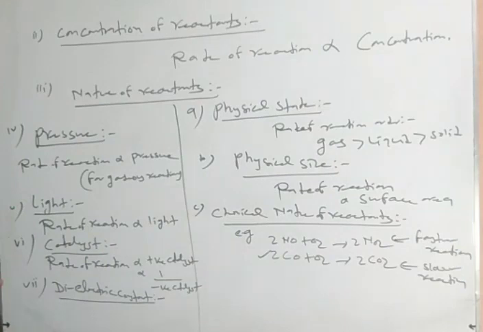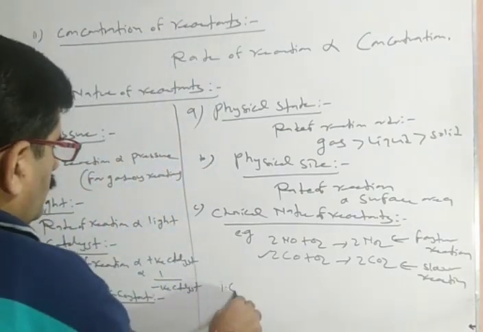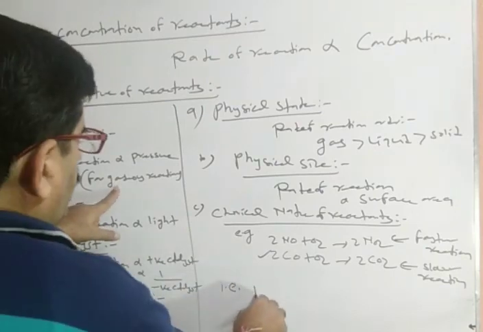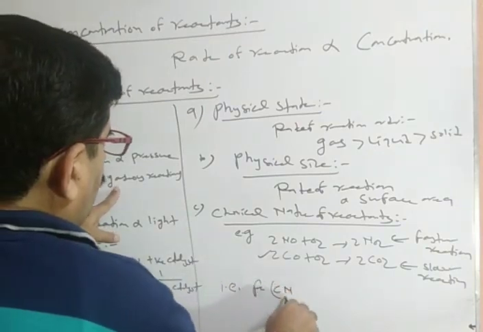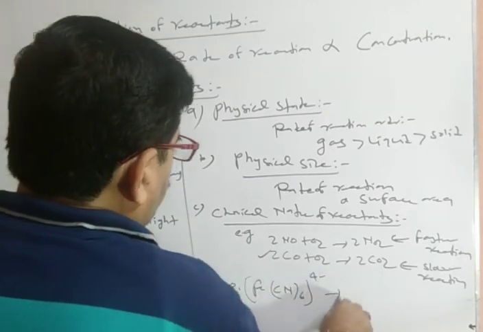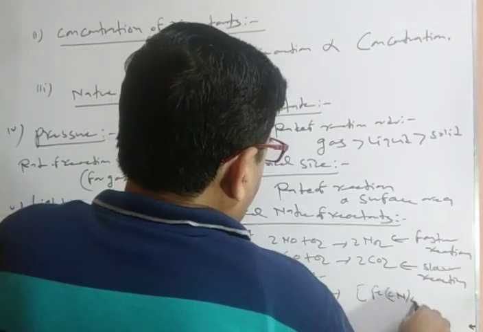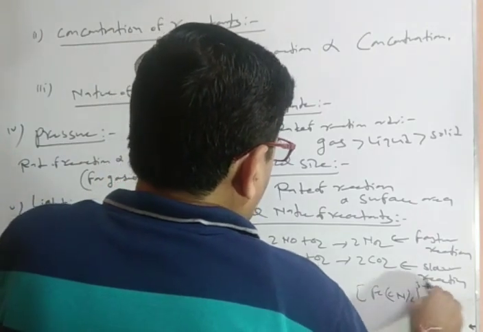The last one, pH. pH also affects the rate of reaction. Suppose this reaction is given: Fe(CN)6 4 minus gives Fe(CN)6 3 minus.